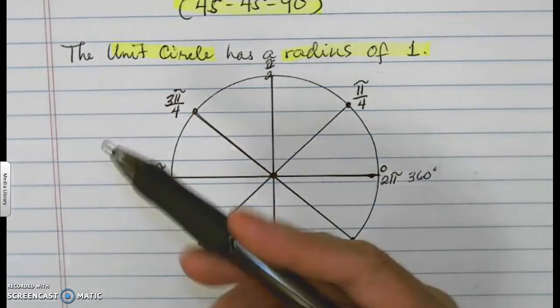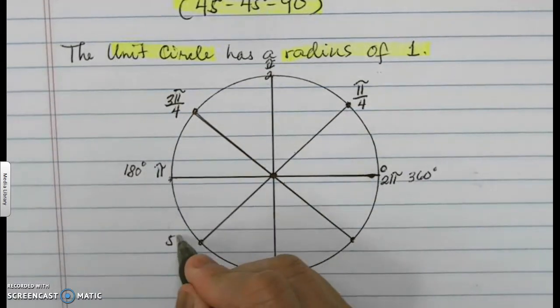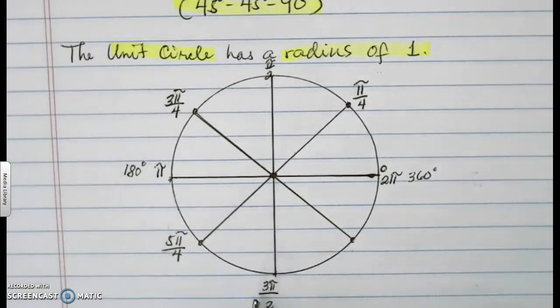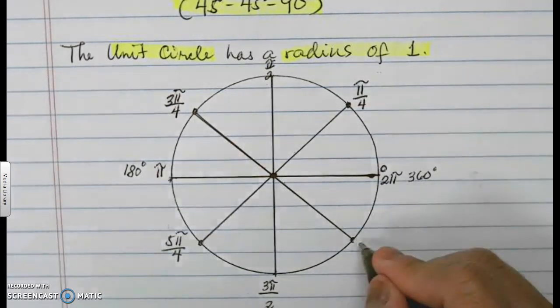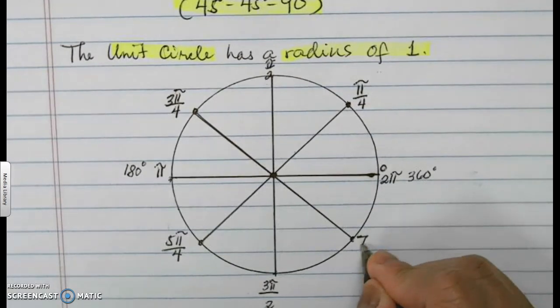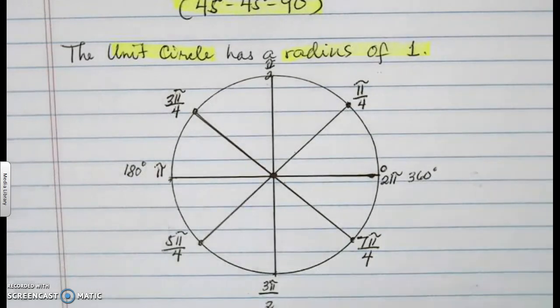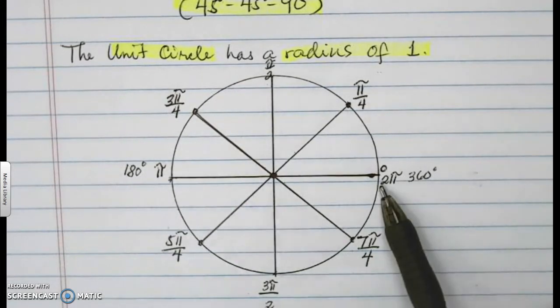This will now be called 5 pi over 4, and this will be called 6 pi over 4, that will reduce to 3 over 2 pi. This now is going to be called 7 pi over 4, and this will also be called 8 pi over 4 or 2 pi.